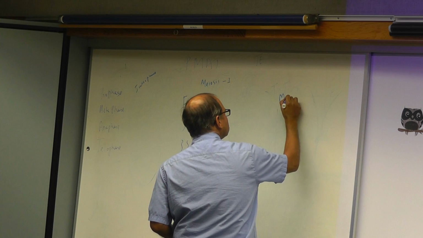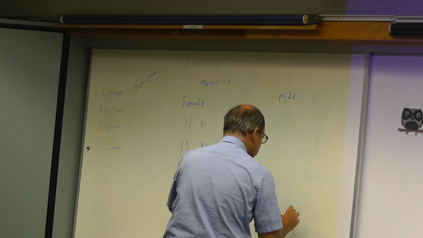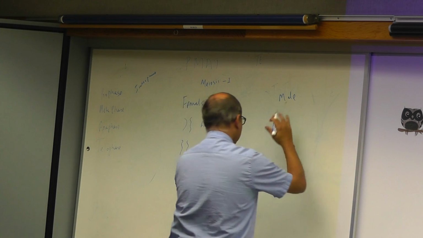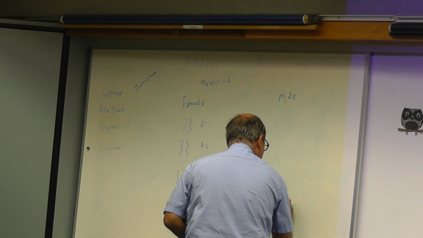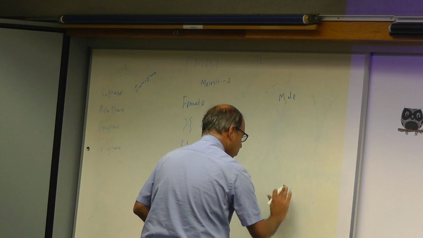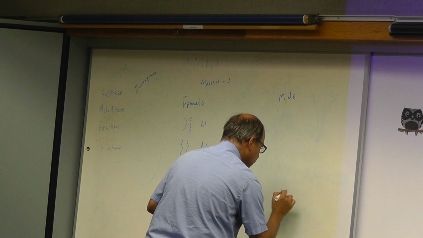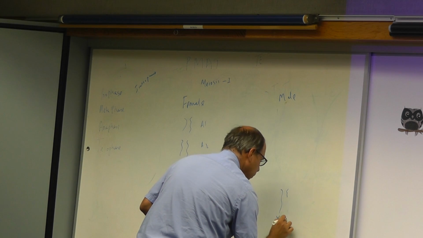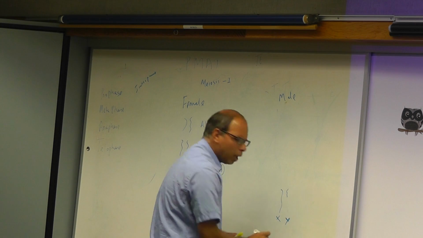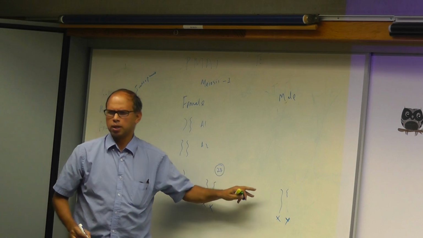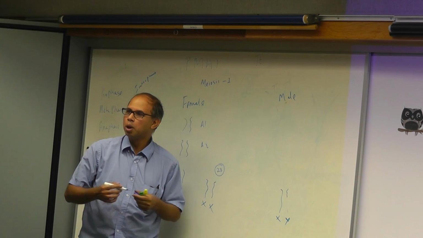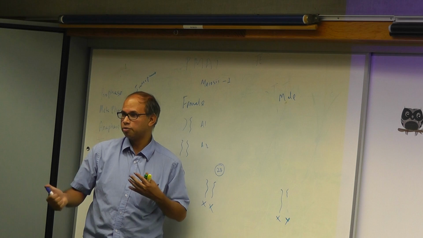For a male, all this is just like a female, but the sex chromosome has an X and a Y. And the Y is much, much shorter than the X. That's one way by which you can say whether it's a male or a female.